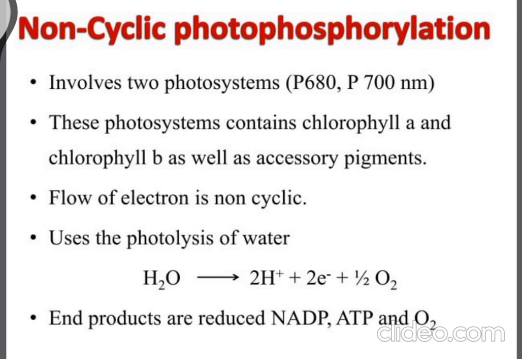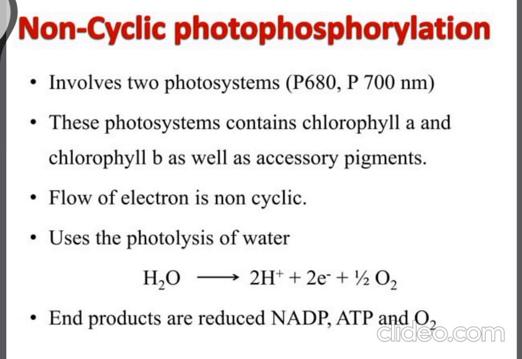Second, non-cyclic photophosphorylation. First, it involves two photosystems, P680 and P700 nanometer. These photosystems contain chlorophyll a and chlorophyll b, as well as accessory pigments.